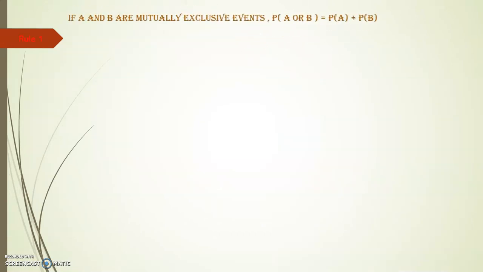If A and B are mutually exclusive events, then the probability of A or B equals the probability of A plus the probability of B. But we have another way.